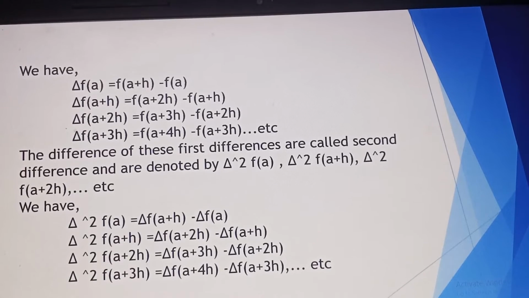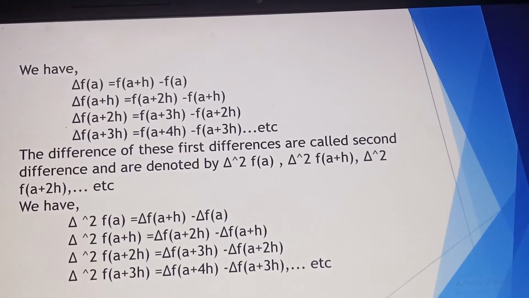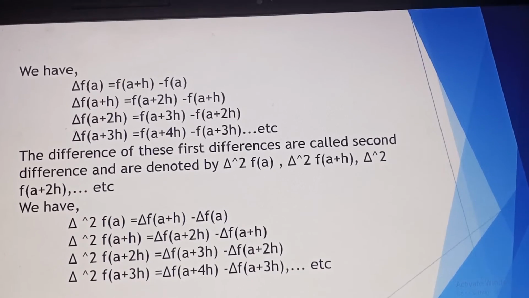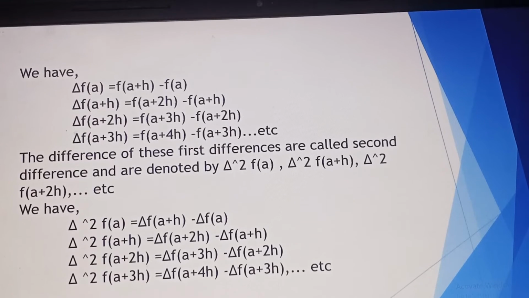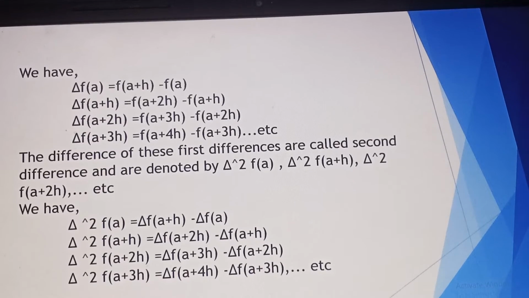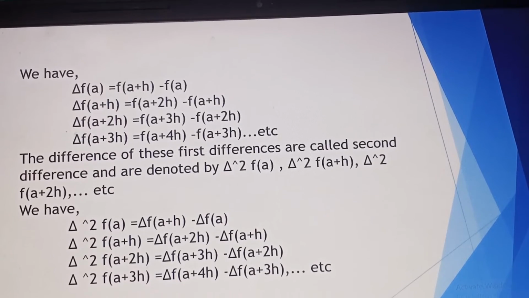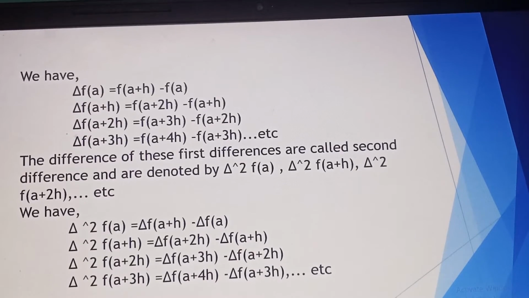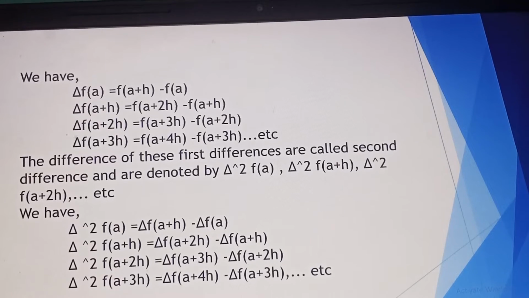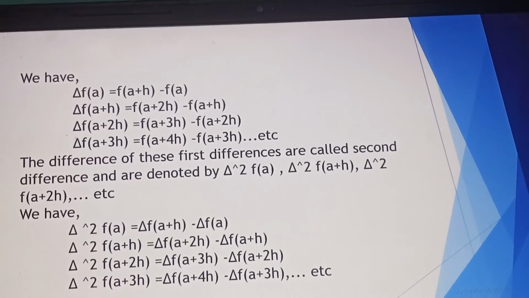Delta square f of a plus h equal to delta f of a plus 2h minus delta f of a plus h. Delta square f of a plus 2h equal to delta f of a plus 3h minus delta f of a plus 2h. Delta square f of a plus 3h equal to delta f of a plus 4h minus delta f of a plus 3h, etc.